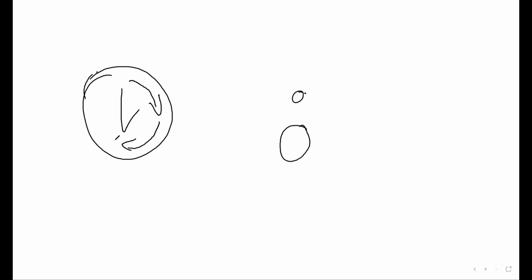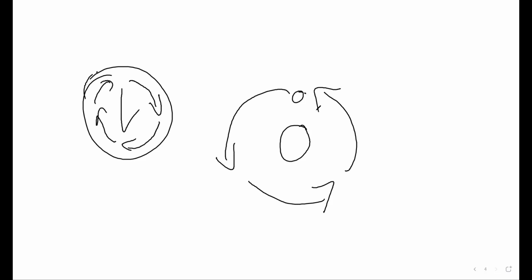In the clock or in the watch, it moves this way. After, for example, 1 hour, these pointers have moved this way. Anti-clockwise means the moon moves in the opposite direction, this way. This is the meaning of anti-clockwise.